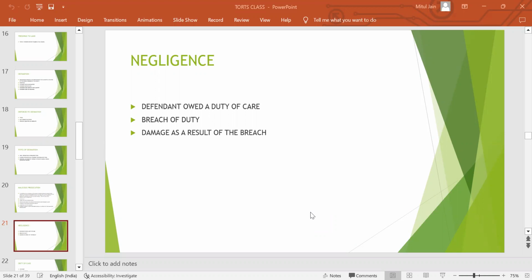That means you have your rights, but to a certain extent. So every person owes a duty of care. And if you people remember, we discussed in the very first class of legal reasoning about rights and duties.